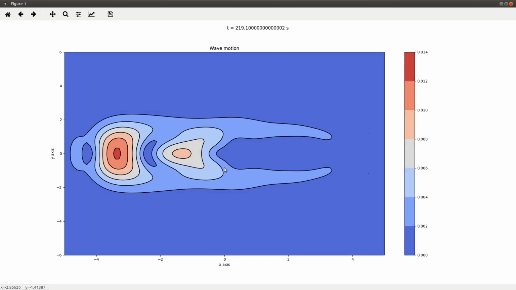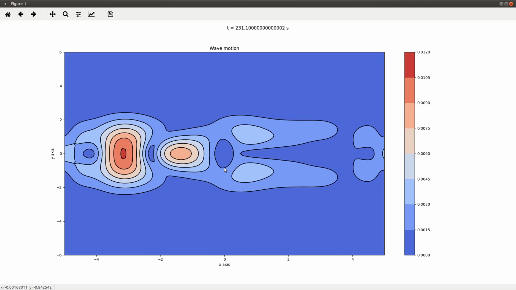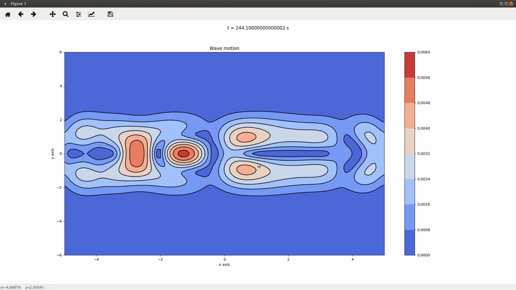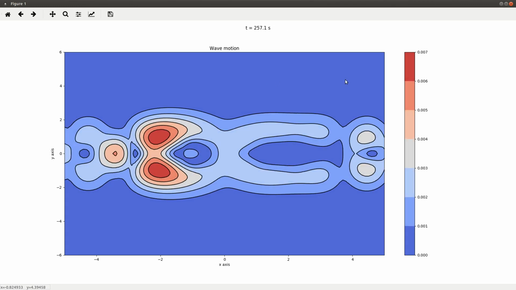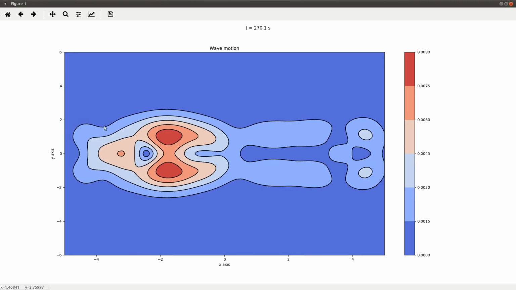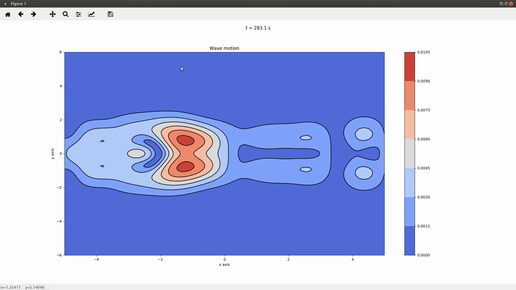Now you have what you call a complex wave interaction phenomena, and whatever be the case, it does not go beyond a particular value in the y direction, the up and down.